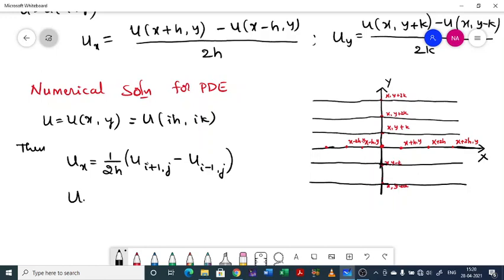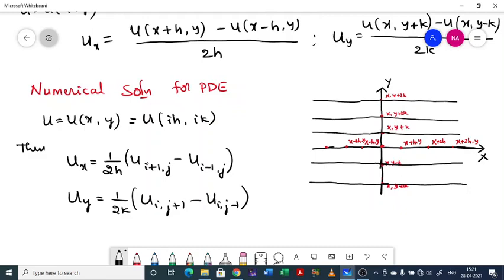Similarly, uy will be 1 by 2k times u i comma j plus 1 minus u i comma j minus 1. Similarly, we may approximate second order derivatives. So this is the general method to solve partial differential equations numerically.